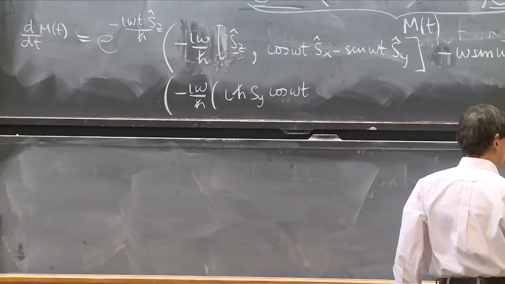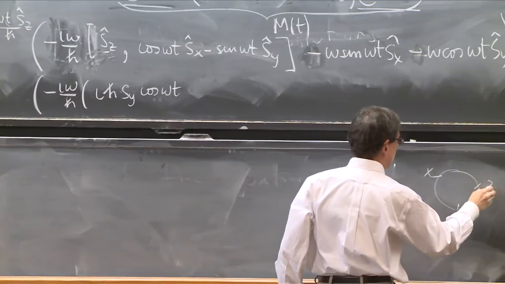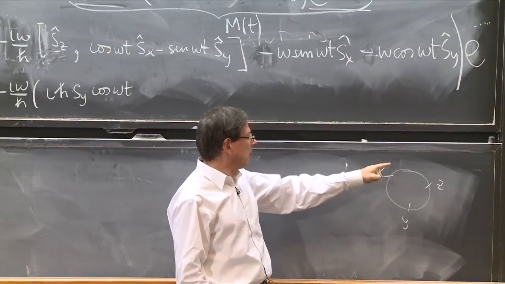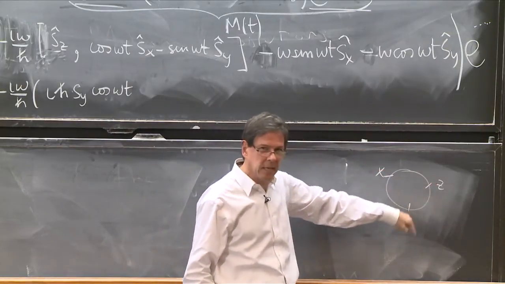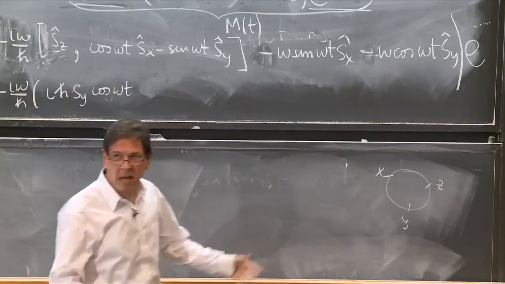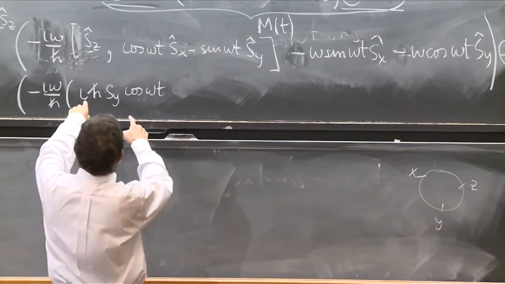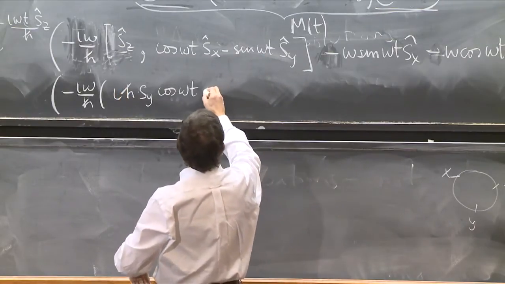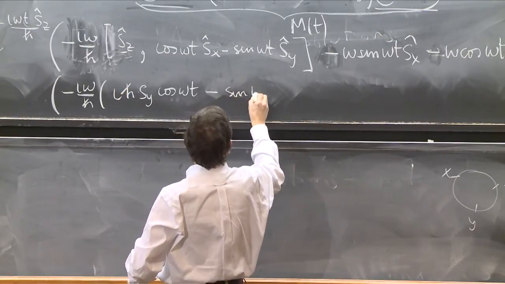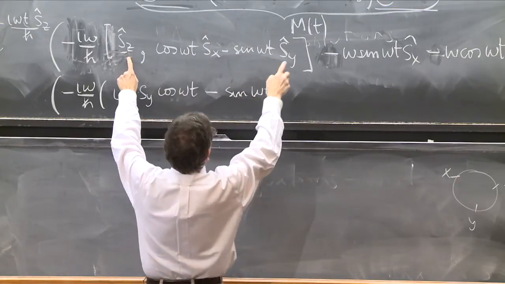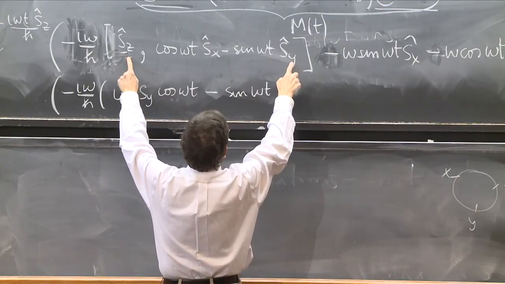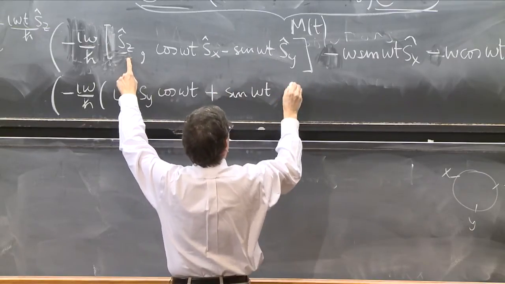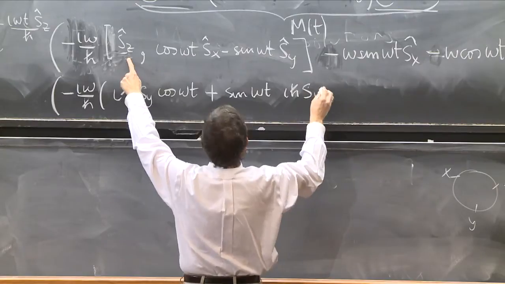I think otherwise you waste time. X, y, and z. When you have Sz with Sx, you get Sy. Sx with Sy, you get Sz. And that order helps. So i h bar this, and then the other term would be minus sine omega t. But now Sz with Sy is minus i h bar, so plus i h bar Sx.